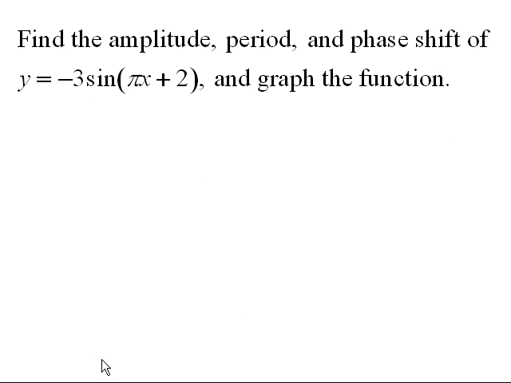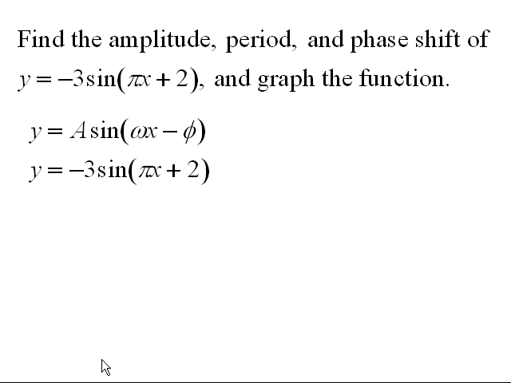So here is a general curve to consider. y equals minus 3 times the sine of the quantity pi times x plus 2, and figure out what the graph looks like. So let's pull these parameters out. The general shape of it is A sine of omega x minus the phase shift phi.